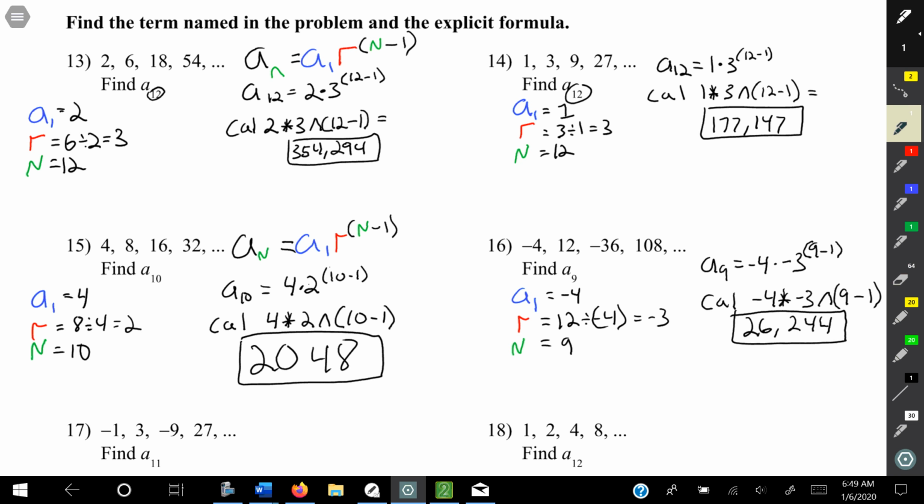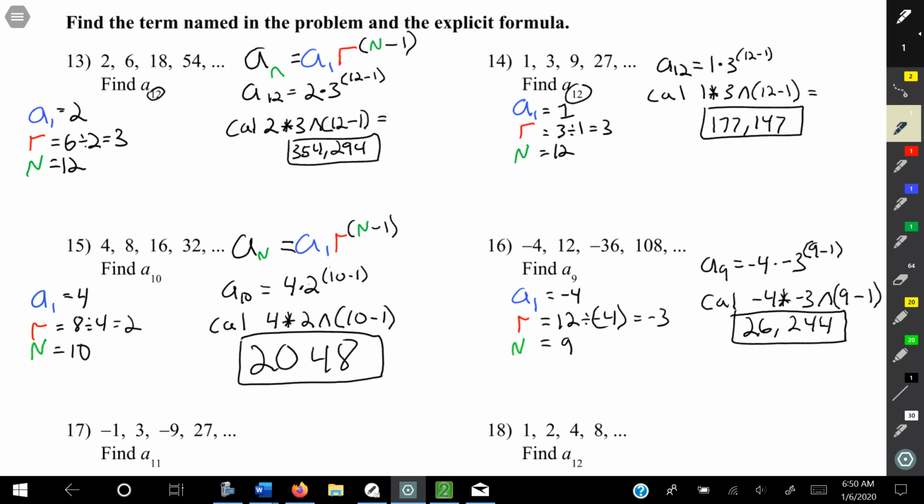So we're going to take the first term, find the common ratio, take the n, which is 10, plug those into the formula, type in the calculator, then hit equal. Same thing over here. First term, -4, common ratio, -3. Nth term is 9. We plug those into the formula, then say -4 times -3 raised to the 9 minus 1, and hit equal, and you get this.